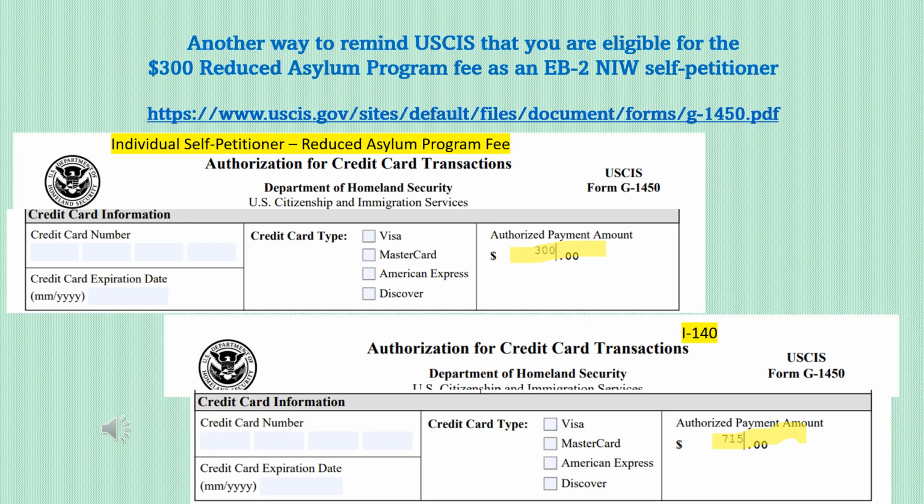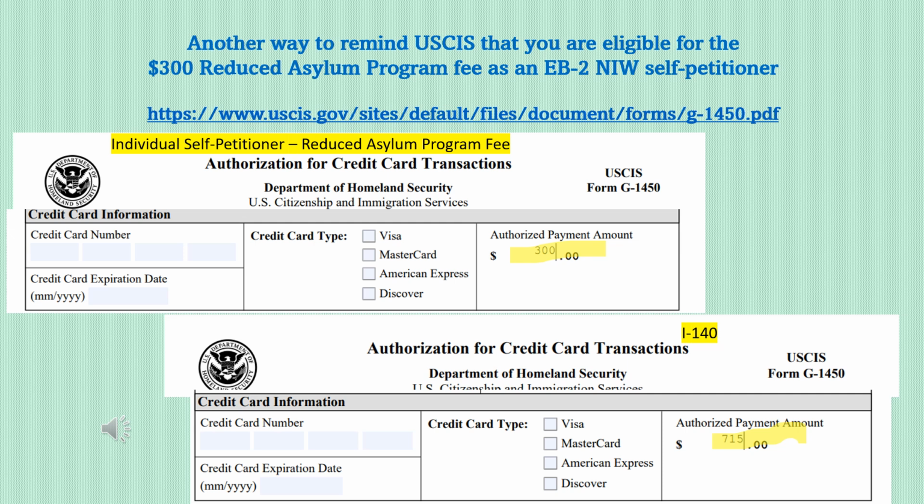And finally, one thing you might want to do, if you decide to use a credit card for your case, you can use a credit card. You can use a debit card, usually if it's a debit card that acts like a credit card, like it says Visa on it, the kind that you get from your bank.